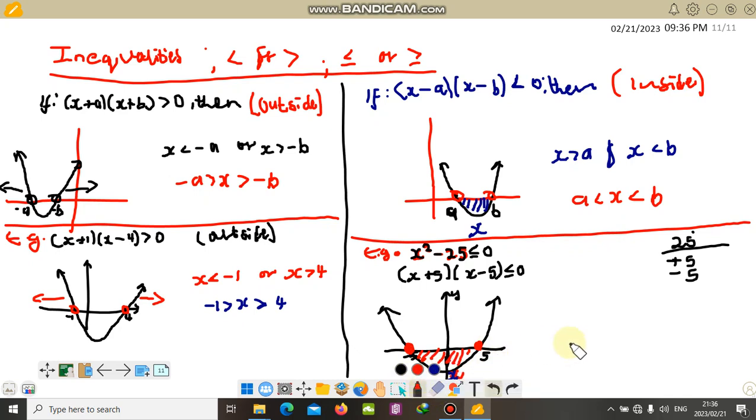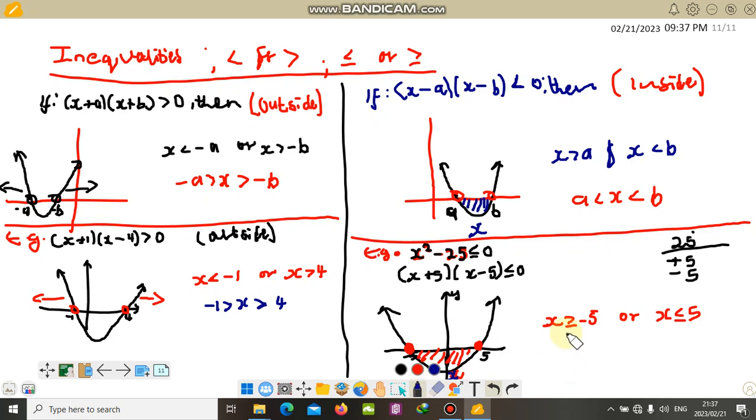Now we write the answer. x is greater than negative 5 because any value here is greater than negative 5, so x is greater than or equals to negative 5, and this point is included. And x on this side is less than 5, but we also include 5, so x is less or equals to 5.